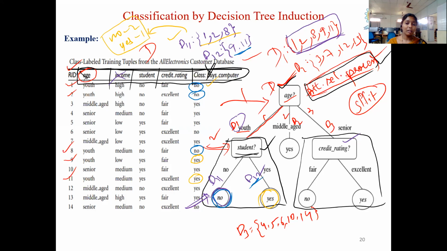The class label of middle aged is yes. What are the tuples under middle aged, D2? 3, 7, 12 and 13. Every tuple falls under the same label. So there is no need to branch out again on middle aged.